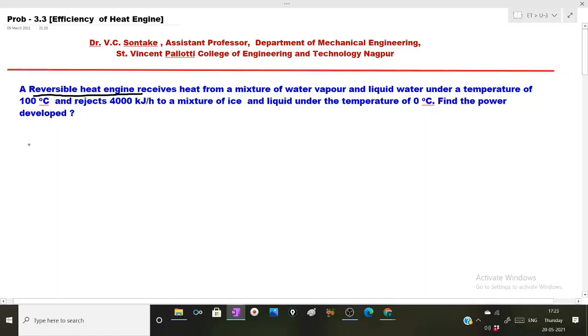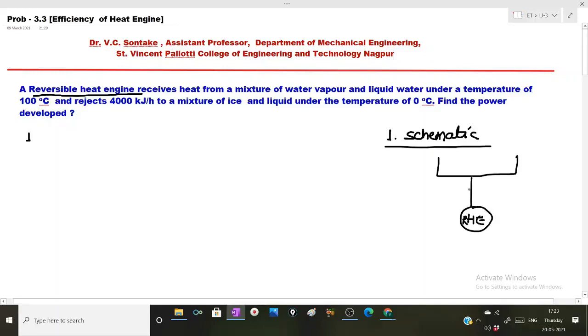So once again, let us first draw the schematic. I will draw it here. So how does our heat engine look like? Heat engine, and this is a reversible heat engine.